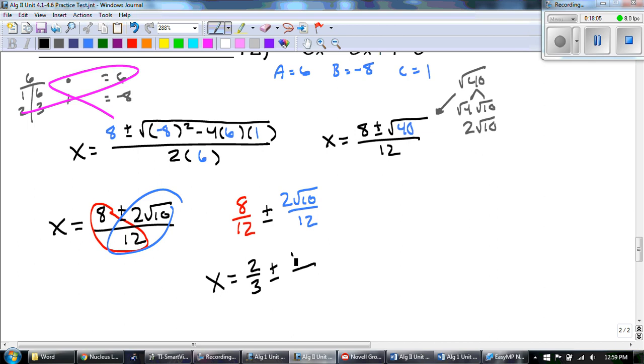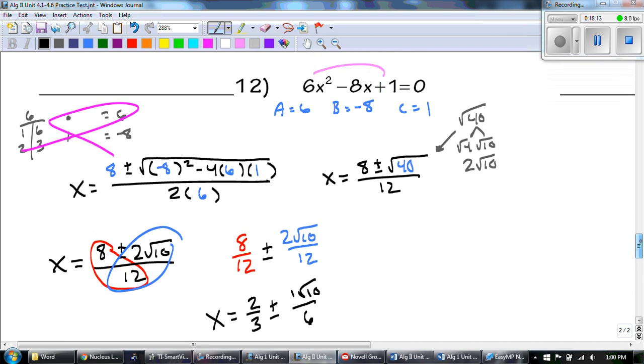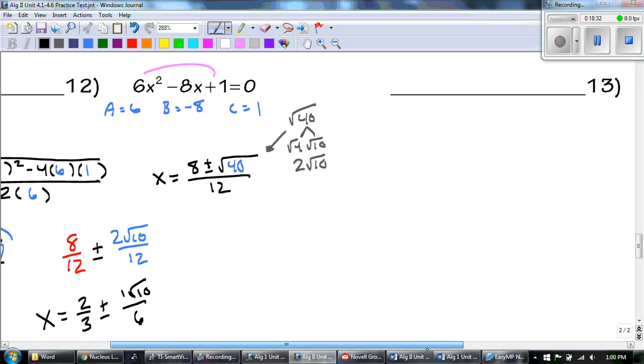Well, 2 divided by 12 is 1/6 root 10. Now, when I write my final answer on the line, I have 2/3 plus or minus square root 10 divided by 6, because I don't need the 1. Okay? All right, we're getting there. We're almost done.